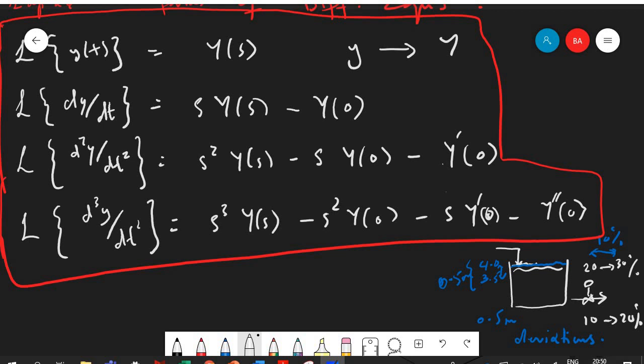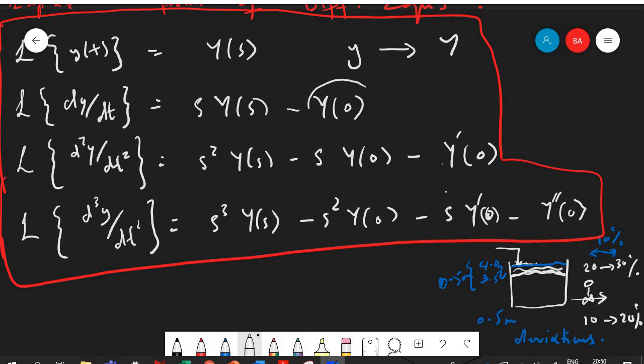So what do we mean by deviations? What is the deviation of y in the initial condition? The deviation says that you are subtracting the new value minus the old value, and the old value is the value that it was initially standing at. So the old value was y at 0 time, and the new value is the value that it went through.